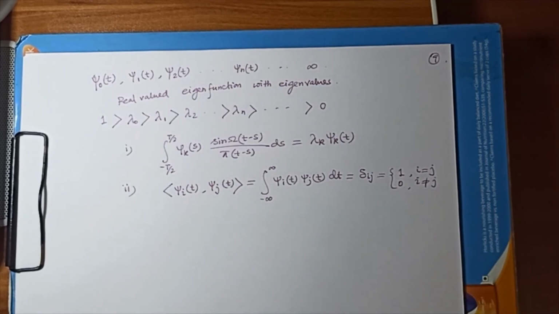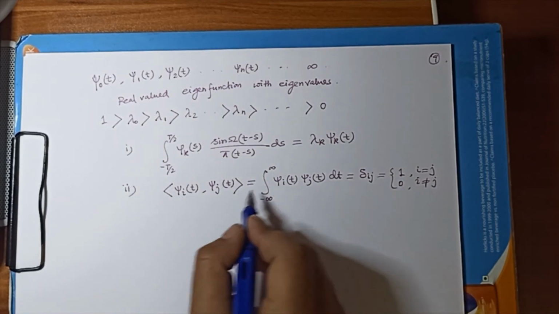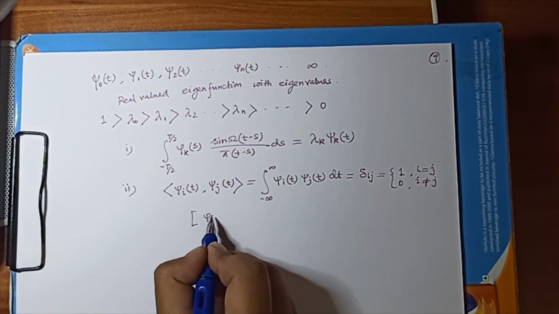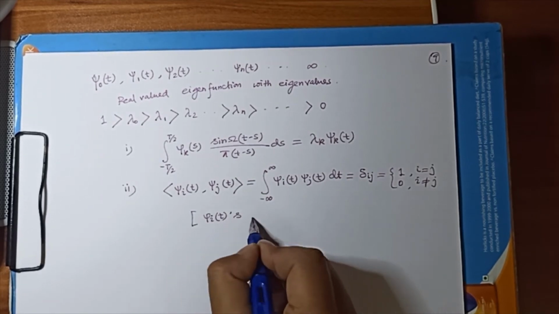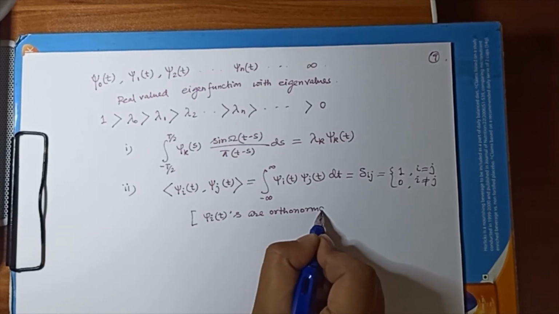So basically all the eigenfunctions are orthonormal in the space B.